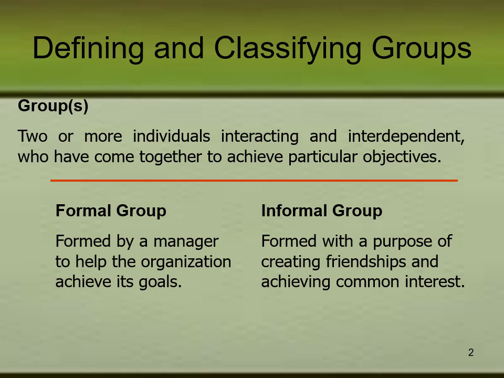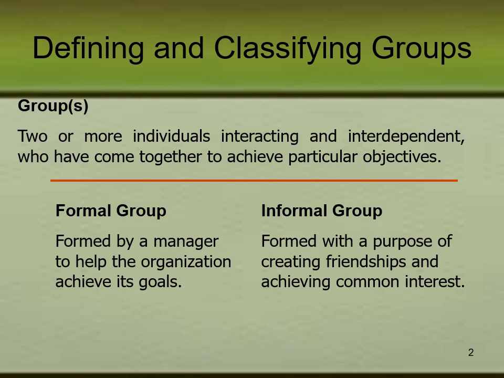So this group is formed just to make friends, to form a relationship, to create friendships. Okay, you have your own circle of friends in the organization. You are in finance department, you have a few friends in marketing department and another friend in IT department. So four of you are one group because you are best friends. So your group is called the informal group.